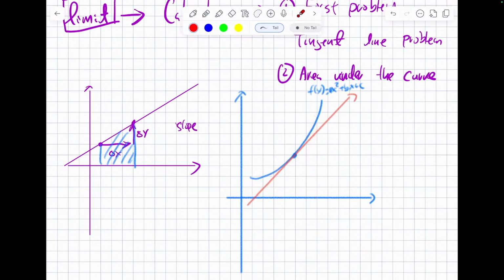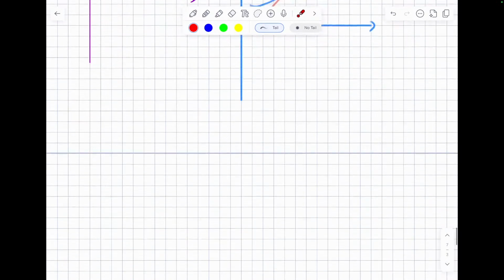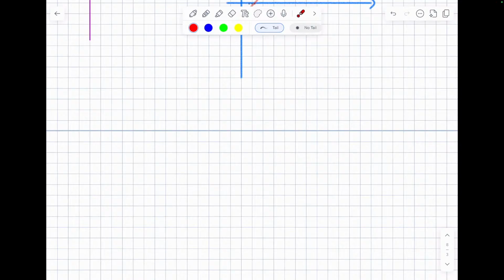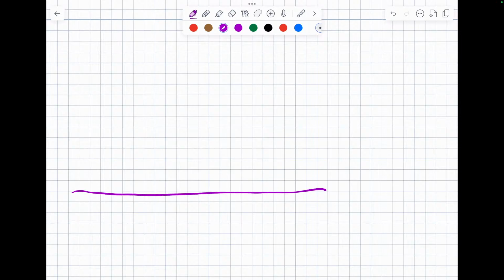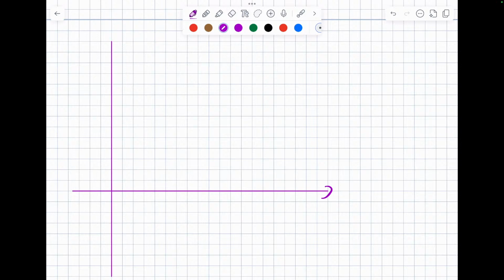So Newton proposed those two problems, but he was also the solver of those two problems. He proposed it and he solved it. Let's talk about the first problem. Imagine I have a grid, and this is the function.